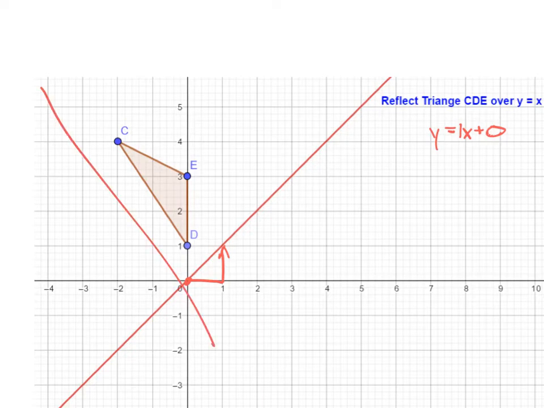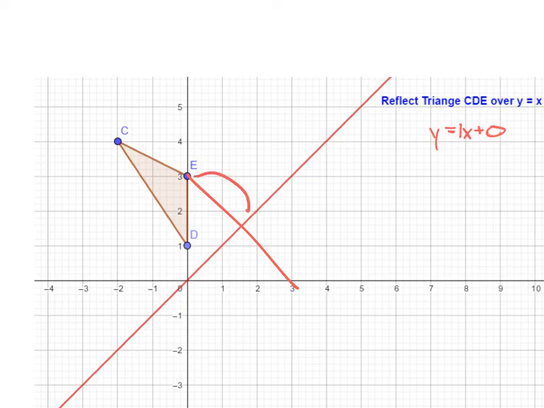All right, so for this one, we're going to do y equals x. So what does it look like when we reflect over y equals x? Well, remember, I said we had to come straight across that line, and we also have to make sure that whatever the distance is over here is also the distance over here.